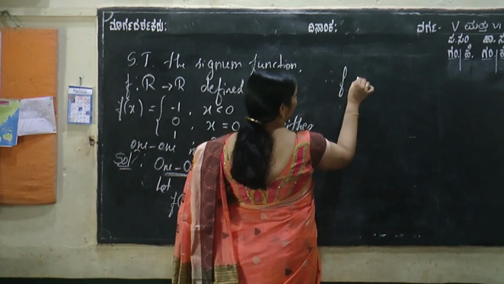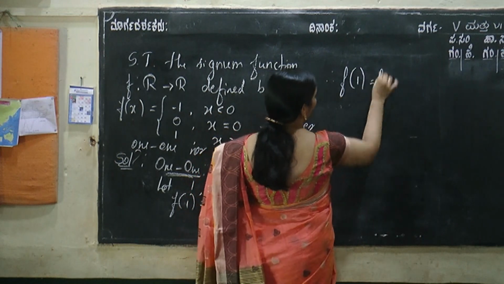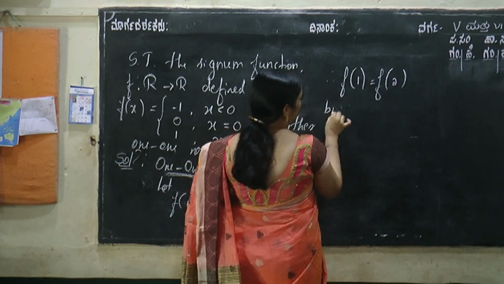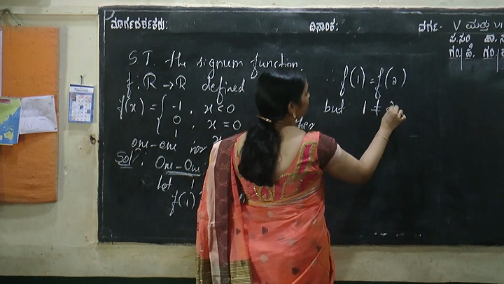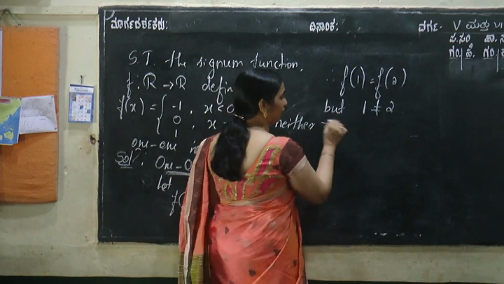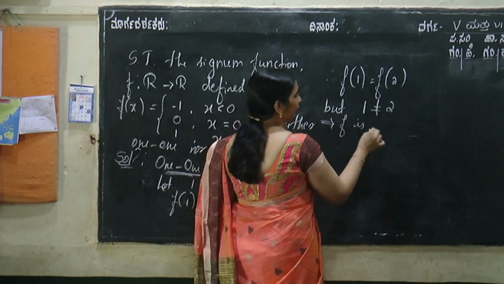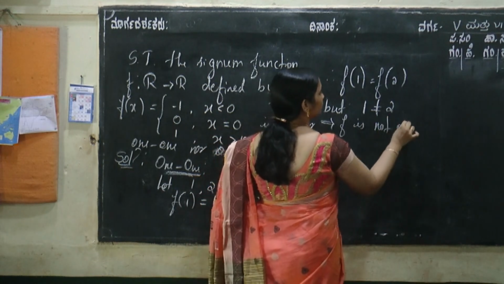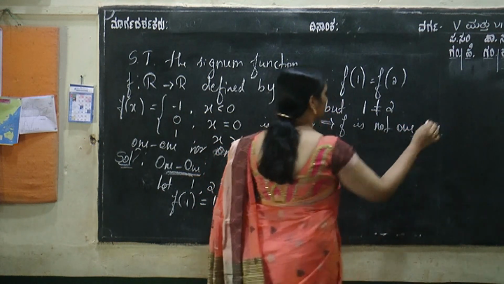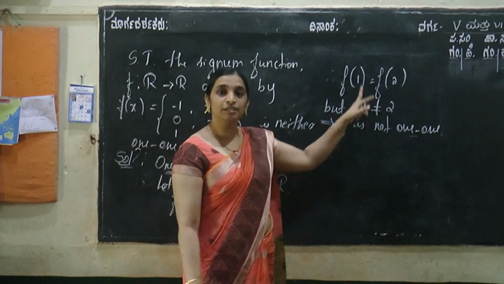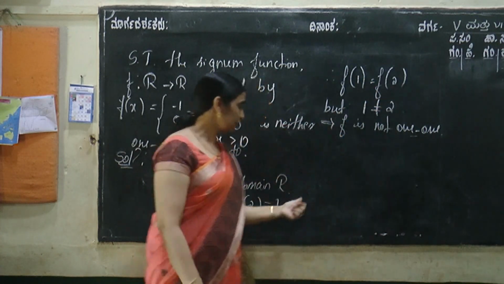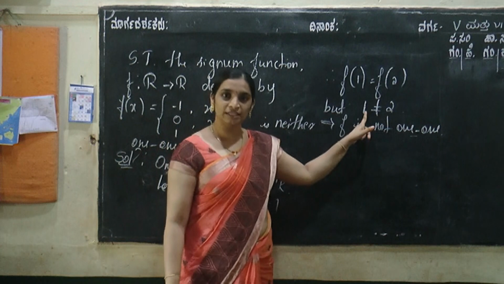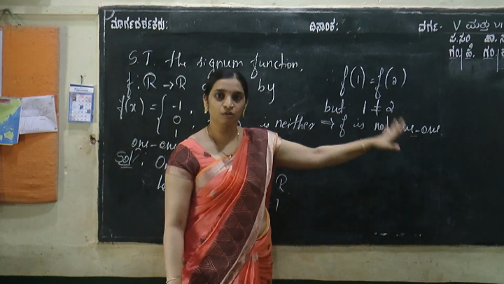Therefore, f of 1 equals f of 2, but 1 is not equal to 2, which implies f is not one-one, because different elements have the same image.